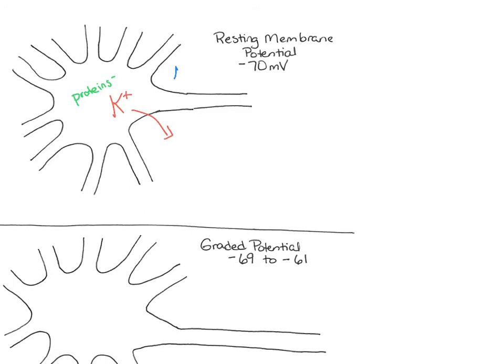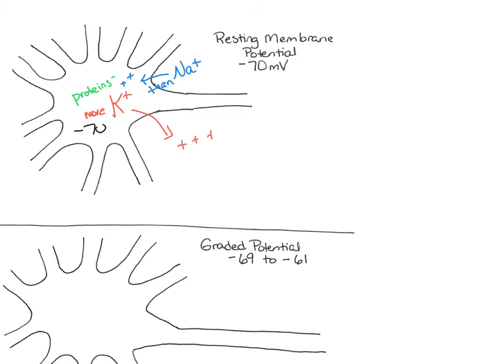But because there are more potassium channels than there are sodium channels, more positively charged potassium moves out of the cell than positively charged sodium moves into the cell. And those are the things that create the resting membrane potential.